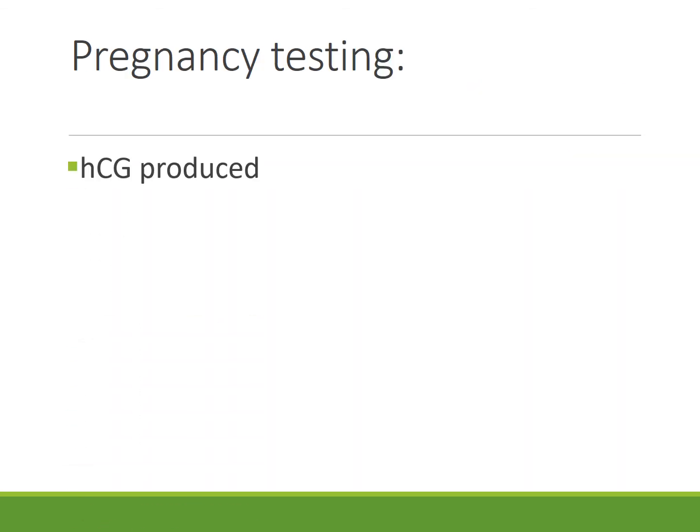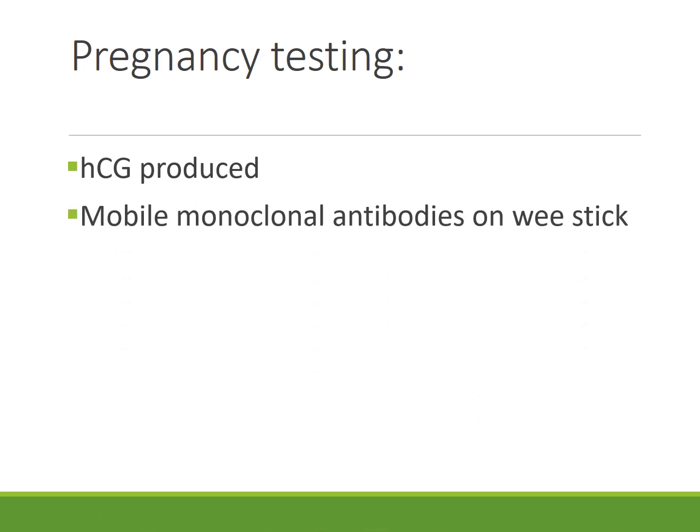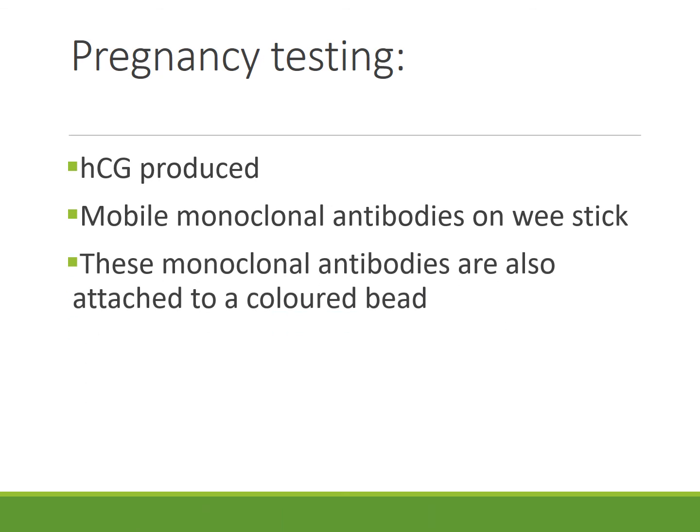So pregnancy tests, a pregnant woman will produce HCG, and that is found in their urine. When a woman urinates on a pregnancy test, there's an absorbing strip and the urine goes up the strip, and there's a window with lines on it.